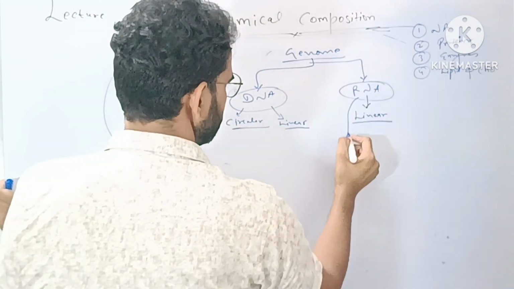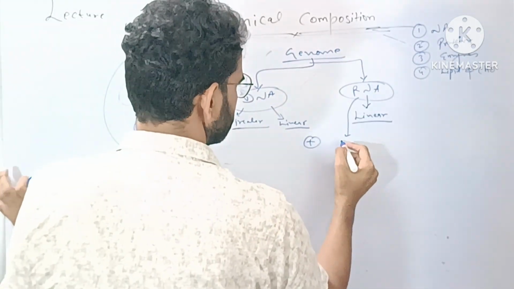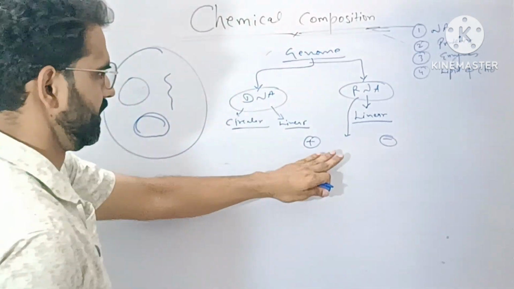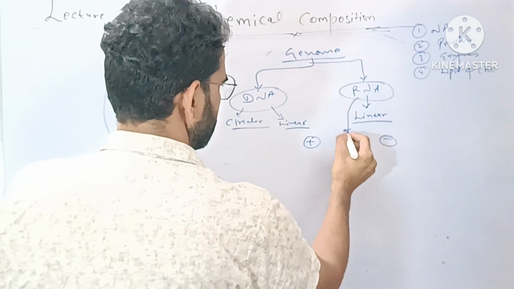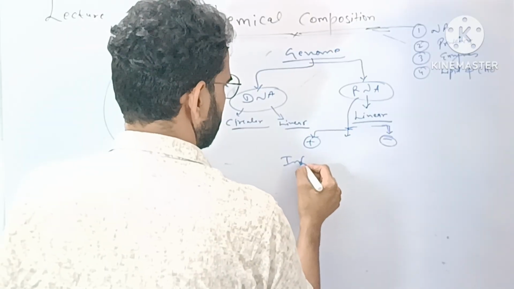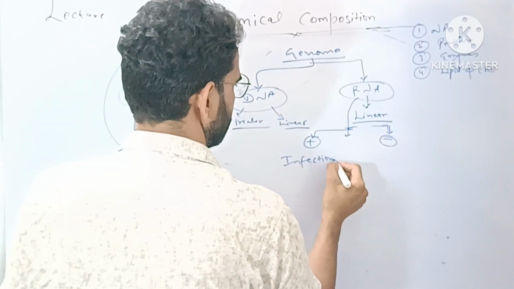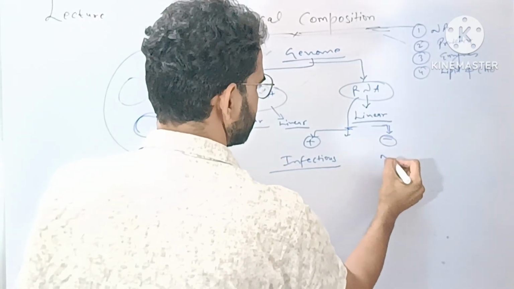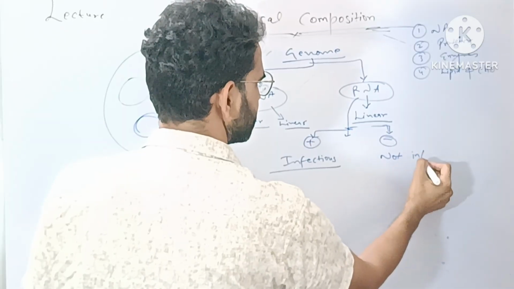Then these RNAs may be plus or negative, plus sense, minus sense. Plus sense means they are infectious, and minus sense means they are not infectious.